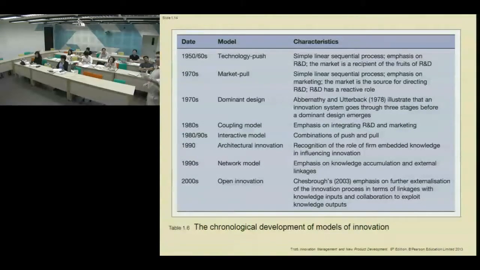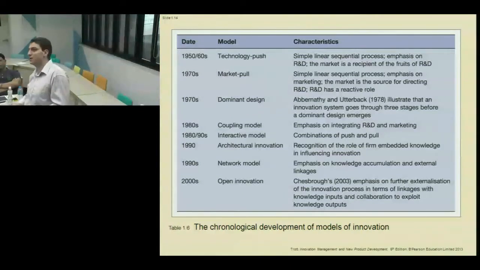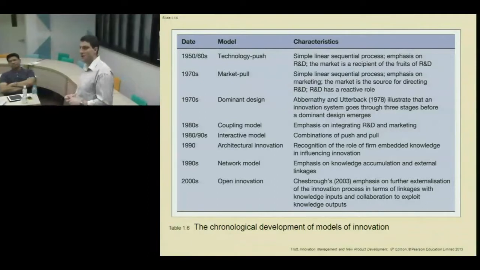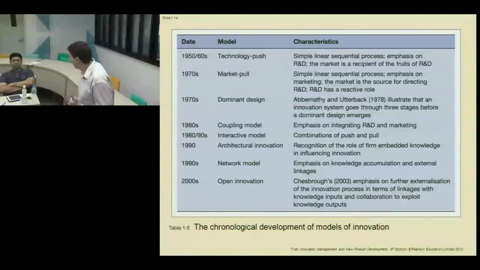And some examples here. For example, in the 50s we had technology push, we had industrial revolution. Simple linear sequential processes, not parallel. Emphasis on research and development. And the market back then was the recipient.